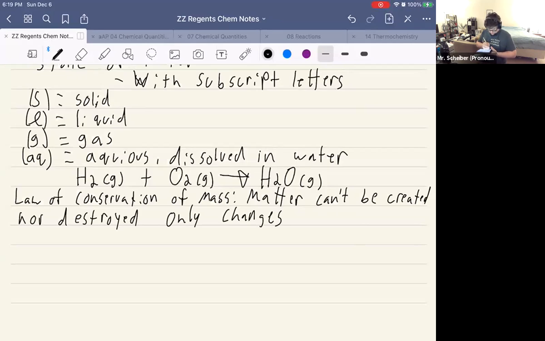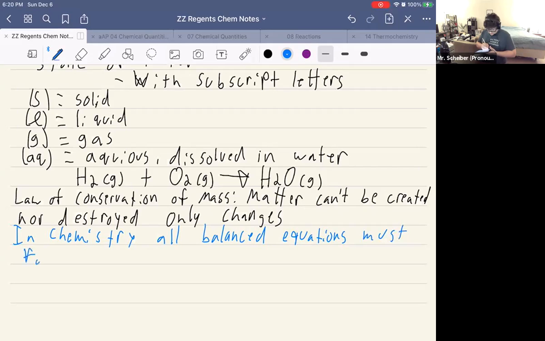And why am I bringing this up? Well, in chemistry, all balanced equations must fulfill the law of conservation of mass.